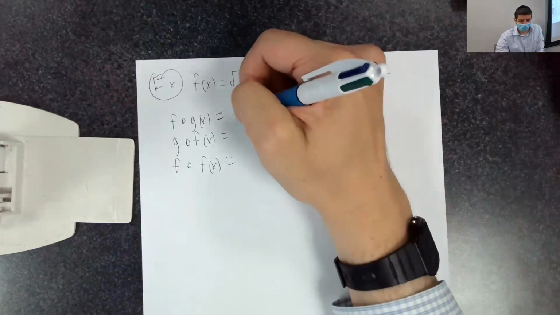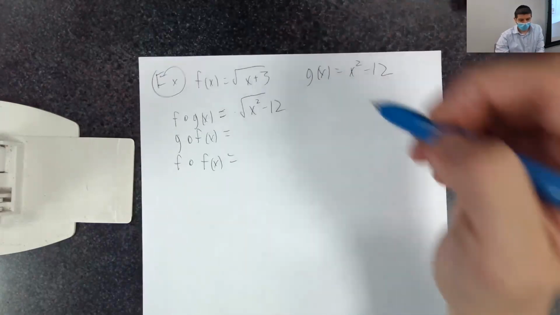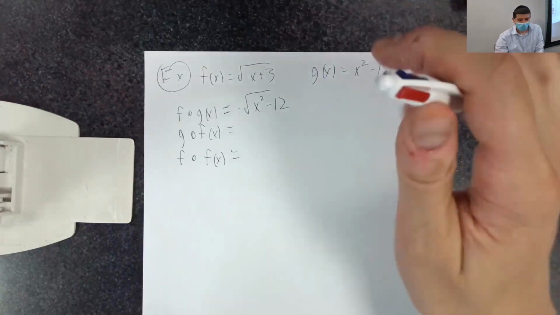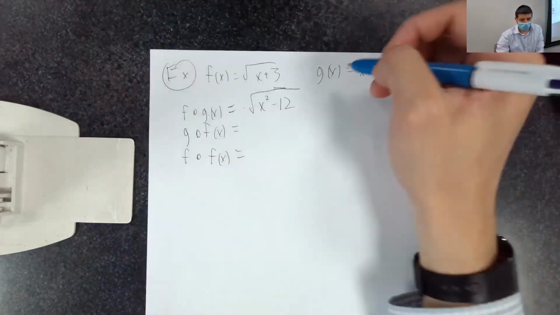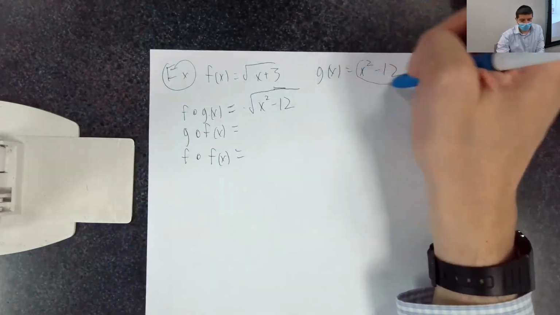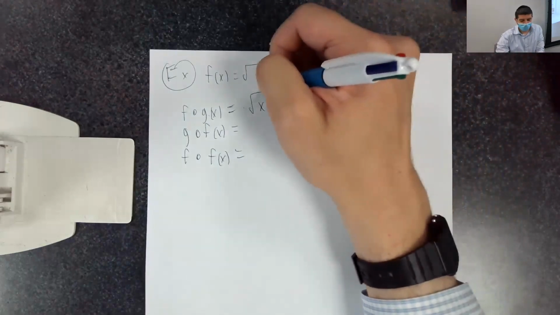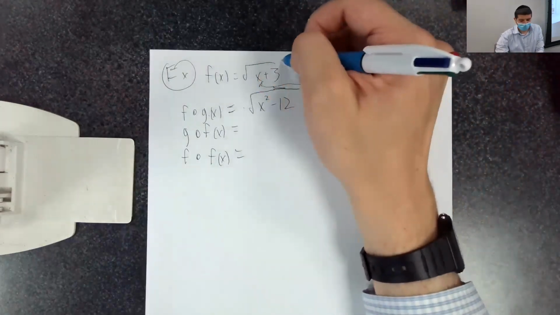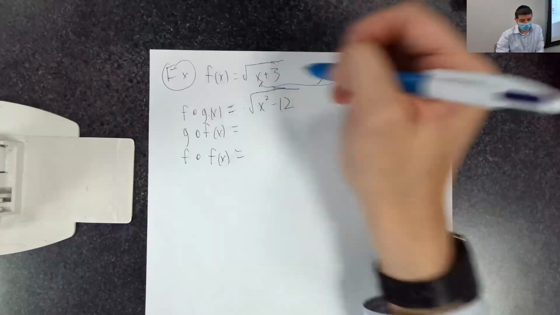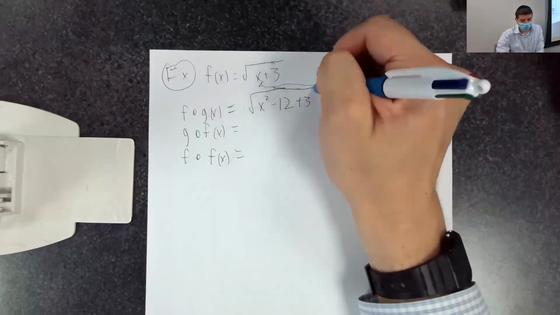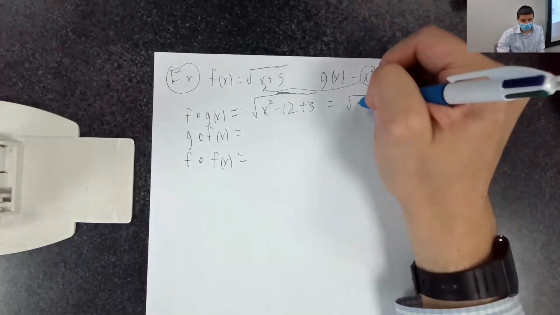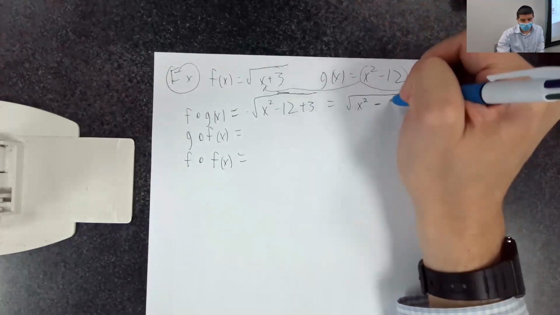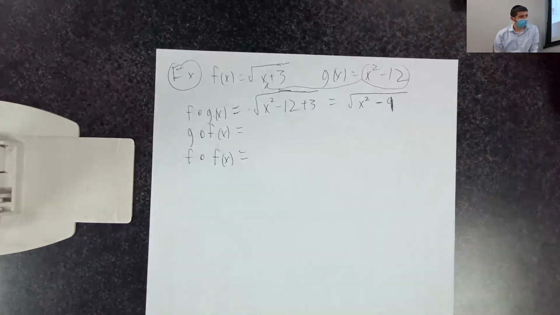I put it on the inside. Yes, we just have to be careful. We're plugging in g. So that means we take g and then put it into this x. And then the 3 is still in this radical. So plus 3 still in the radical. Good. So x squared minus 9. Right, all in the radical.